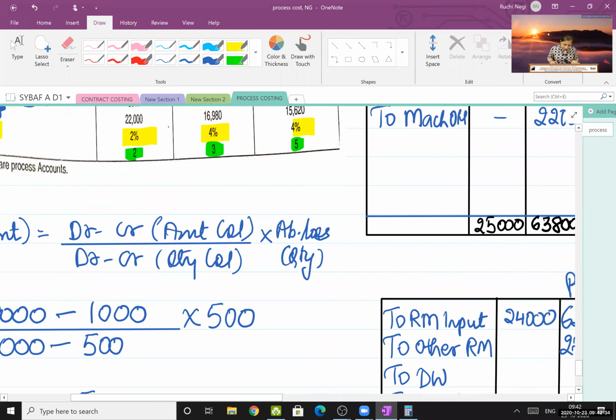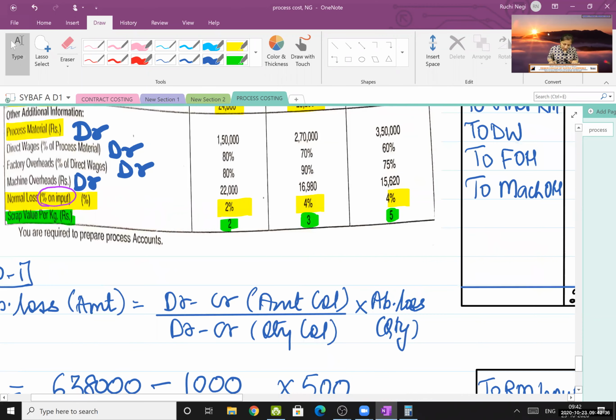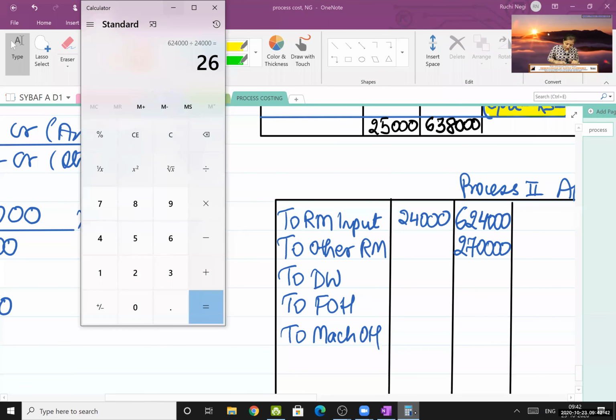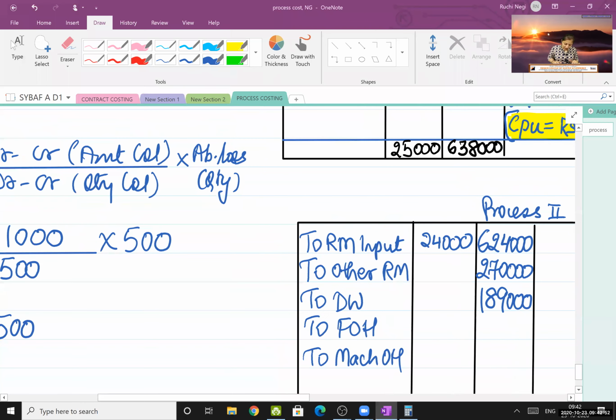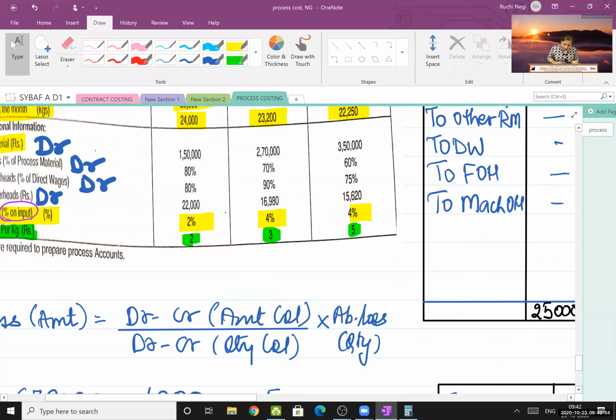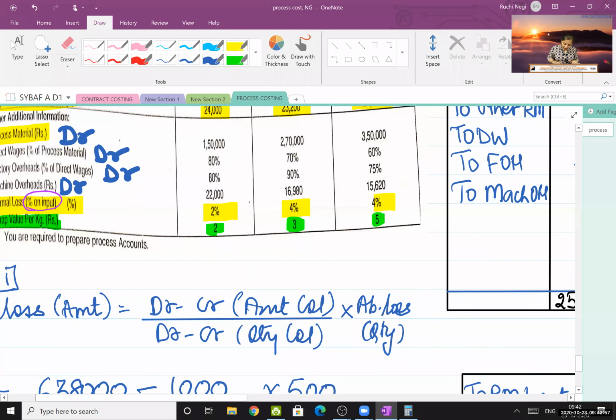Direct wages is how much? 70% of 2,70,000. So calculate 2,70,000 ka 70% is how much? 1,89,000. So right here, 1,89,000. Next, factory overheads, 90% of direct wages.